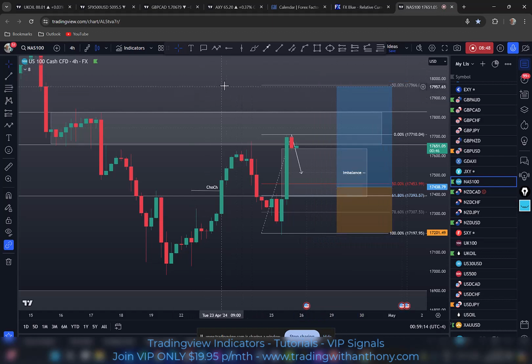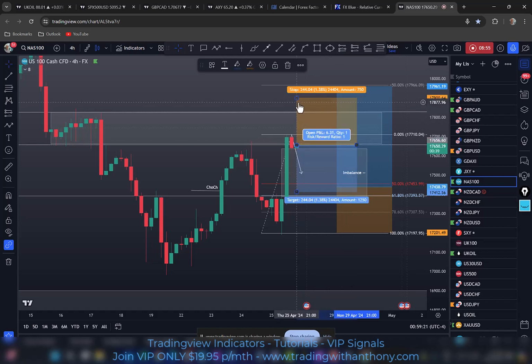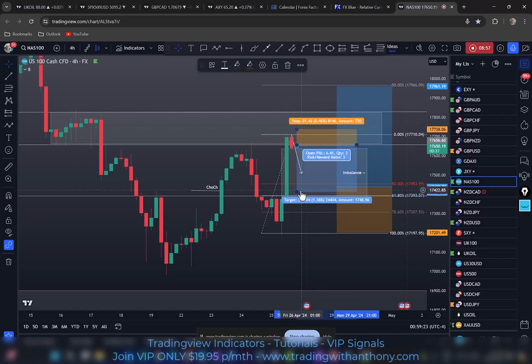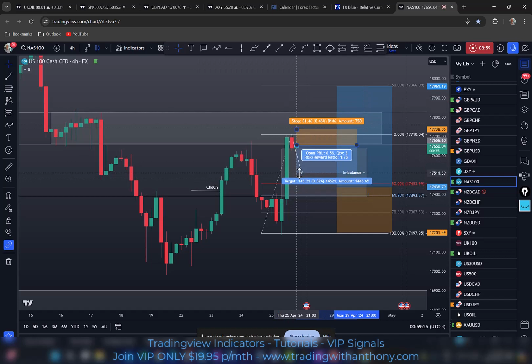And idea number 2, well, this idea then is a short, maybe at the current level, but we'll have to go down to a 15-minute time frame. What do we got there? That's a 1.6R, midway through the imbalance. All right, there's your 2.4R.